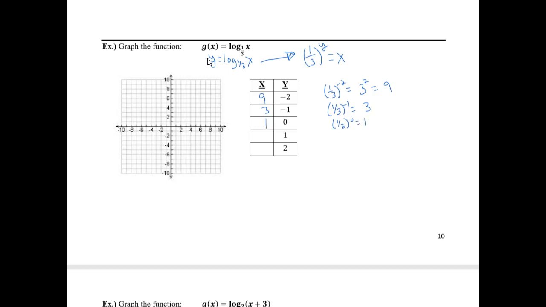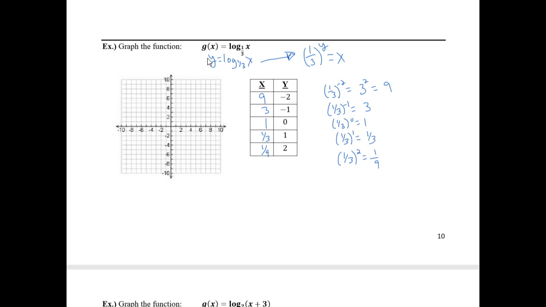Anything to the 0 power is 1. Anything to the first power is itself. And when we square 1/3, we get 1/9. And we can go ahead and graph that.